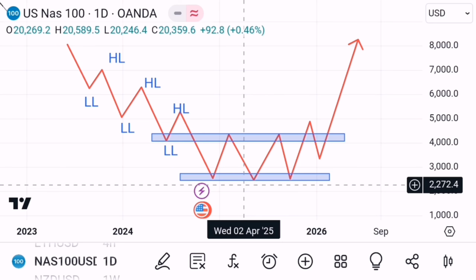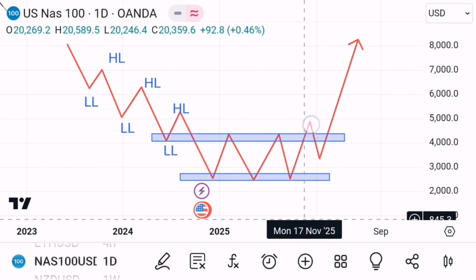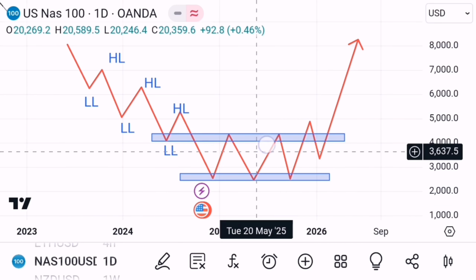Let's say we are talking about a bearish trend now. As we can see in front of us, we have a bearish trend, and here we tend to engage in an uptrend.